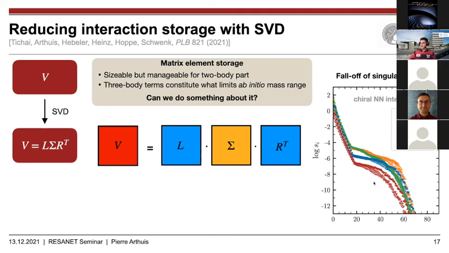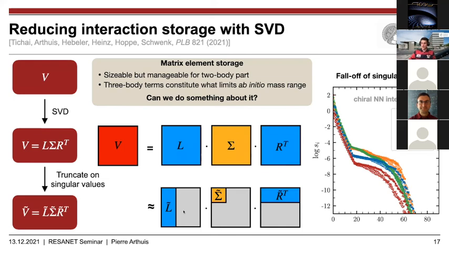So their magnitude decreases pretty rapidly. We have a logarithmic scale here. So then you might think, okay, what happens if I only keep the largest values and only take, let's say, the first five and discard all the rest?